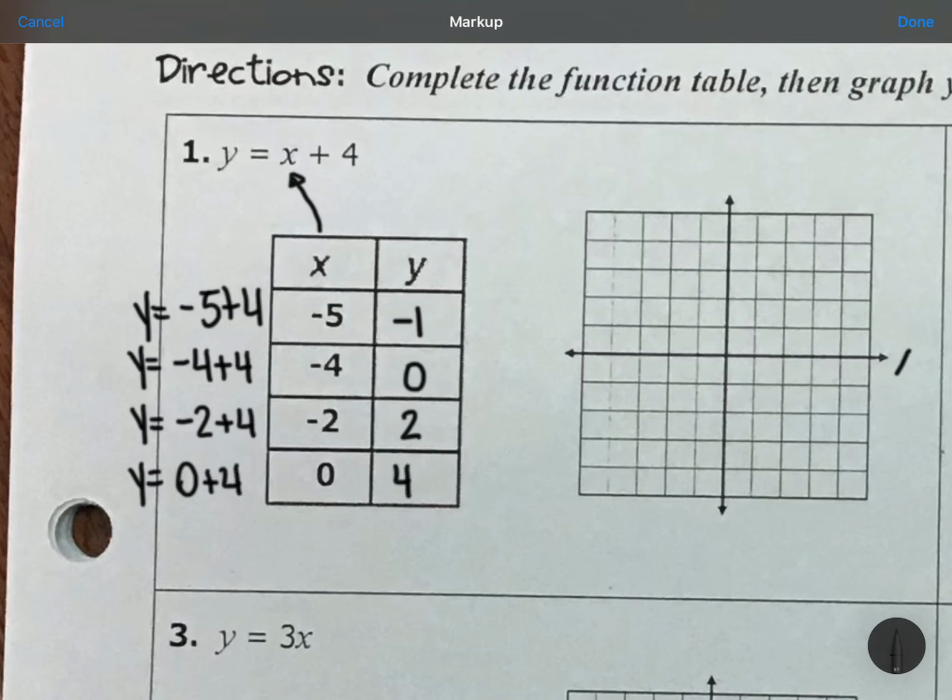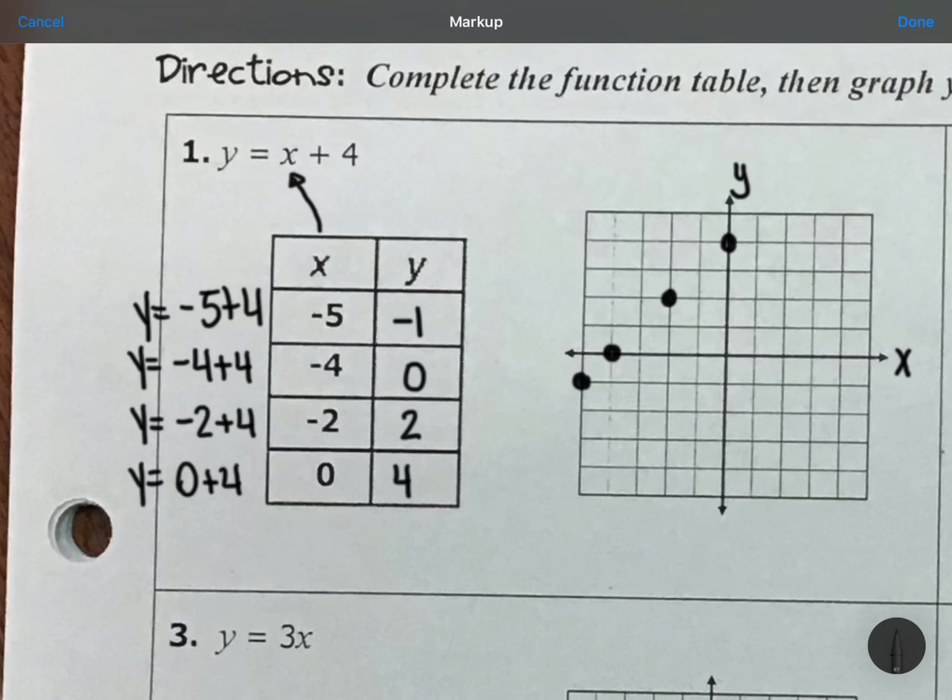Now I'm ready to graph because my table has been filled in. Label your x-axis and your y-axis. The first ordered pair is -5, -1, so I go left 5 because it's negative and down 1 because it's also negative. -4, 0, go to the left 4, nowhere for the 0, so I just stay on the x-axis. -2, 2 is to the left 2, up 2. 0, 4 is up 4.